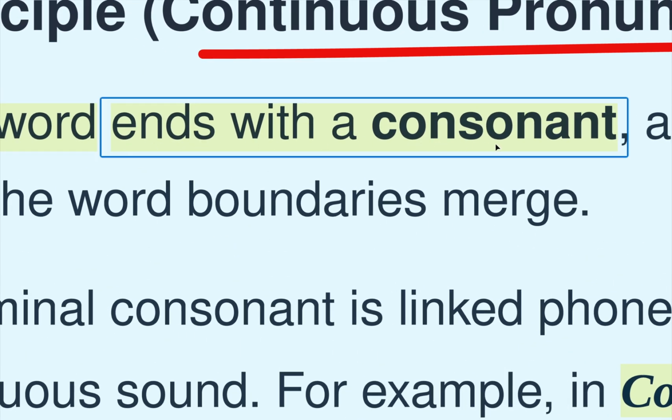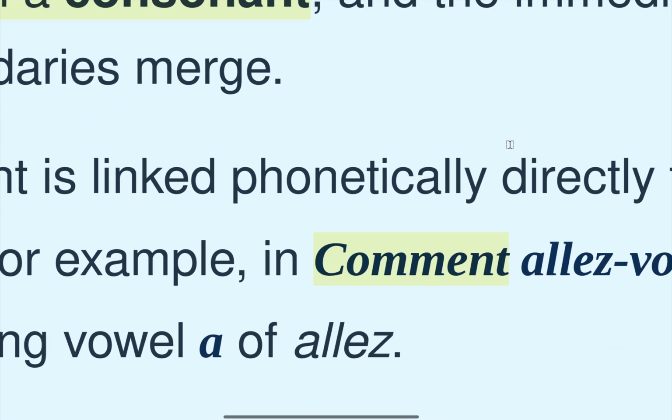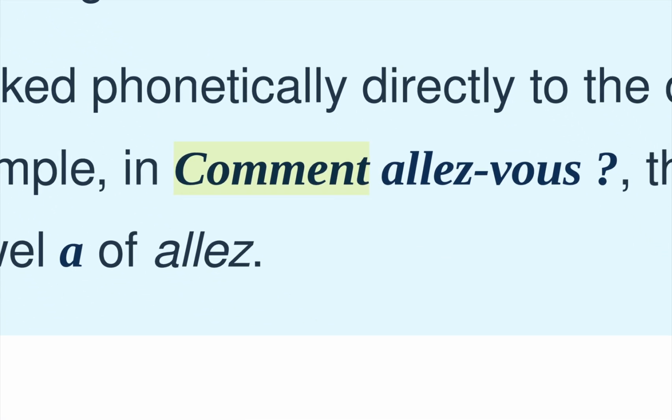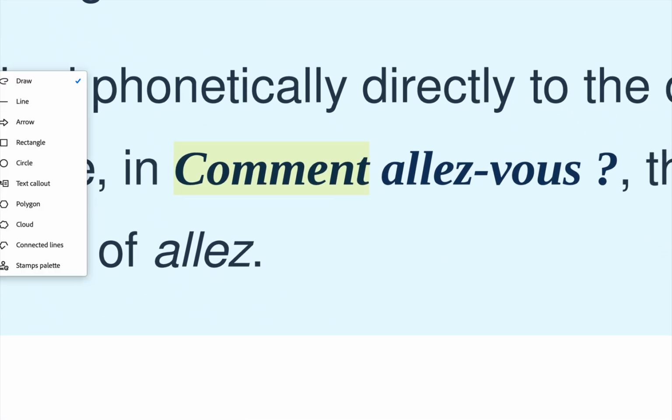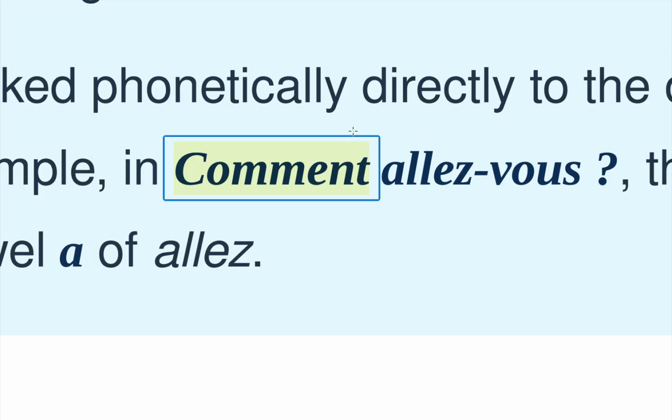It ends with a consonant. Now what is the consonant here? The consonant is T. Do you know what is a consonant and what is a vowel? So the students who don't know what is the meaning of a consonant, let me tell them.